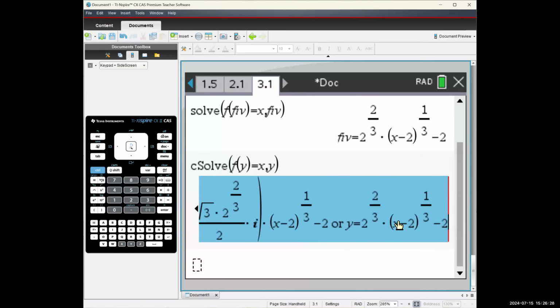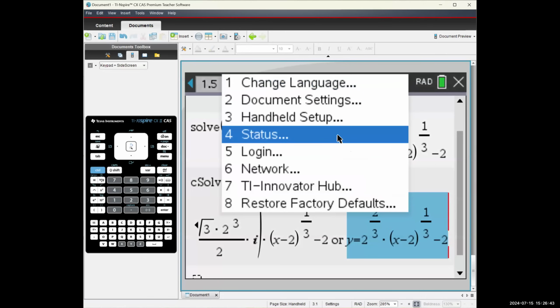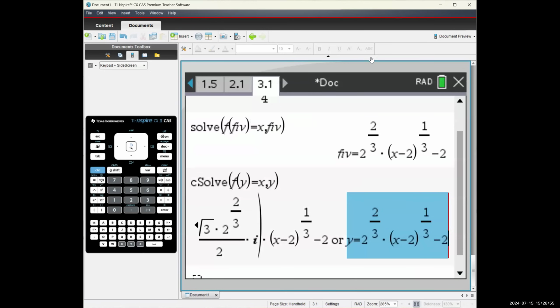You drag it down to the end and copy down the real solution of that equation, okay? So that is some heads up for a potential issue. Of course, if your calculator is updated to 6.03 something or later, or the latest version of the operating system, you shouldn't encounter this issue, okay?